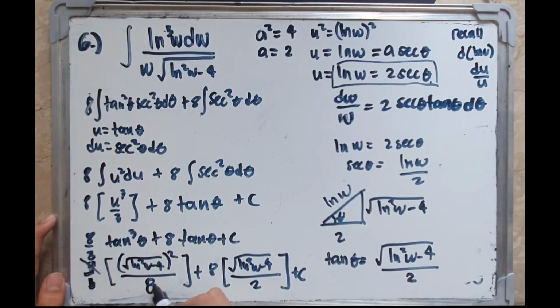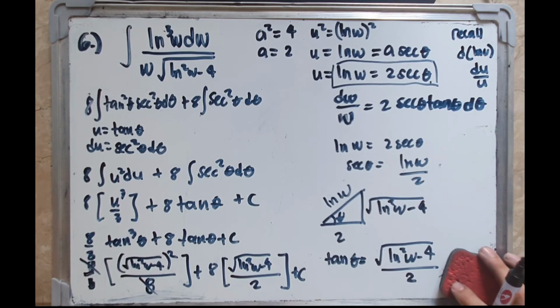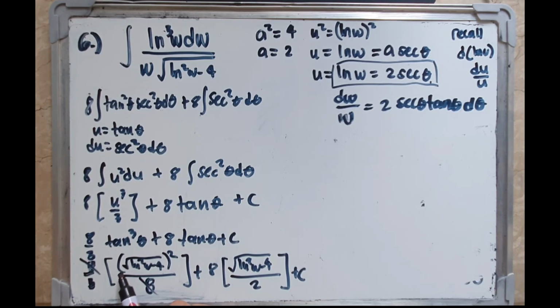Notice we can cancel 8. And the final answer will be, let's erase this part right here, the square root of ln squared w minus 4, squared.